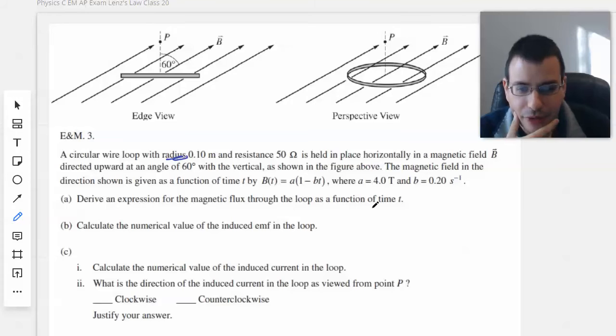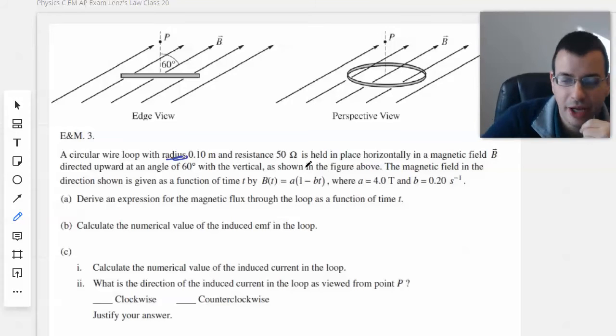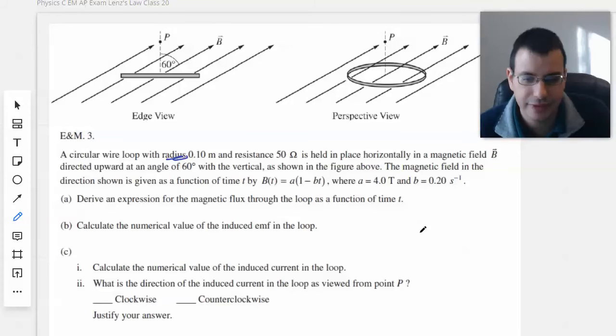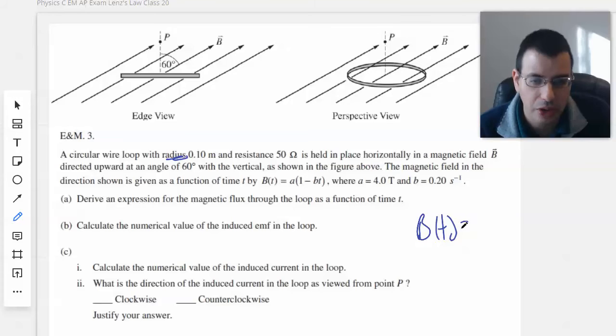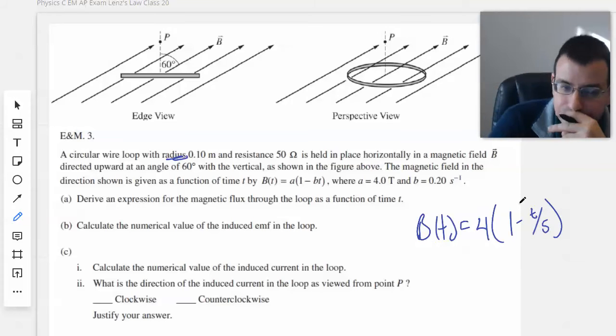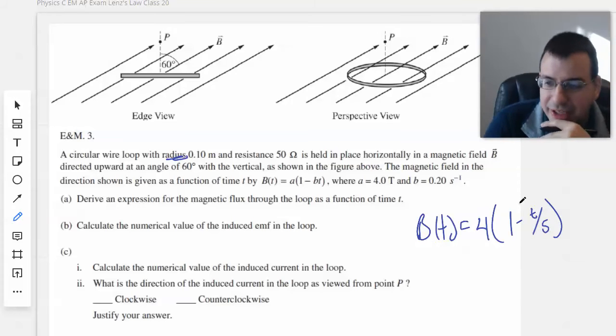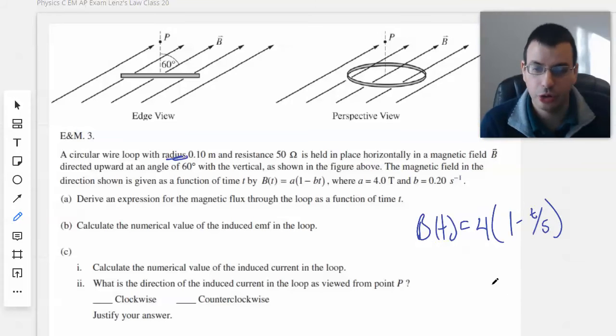As shown in the figure above, magnetic field in the direction shown is given as a function of t by magnetic field of t equals that. But then they give us the numbers. So I'm just going to write B of t equals 1 minus t over 5. Derive an expression for the magnetic flux through the loop as a function of t.